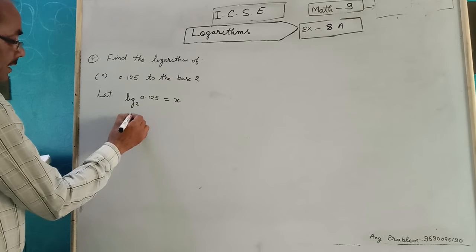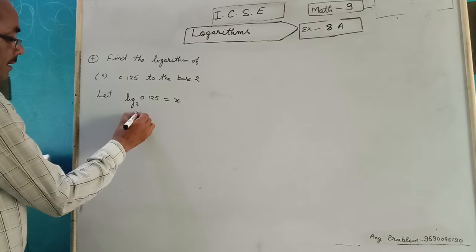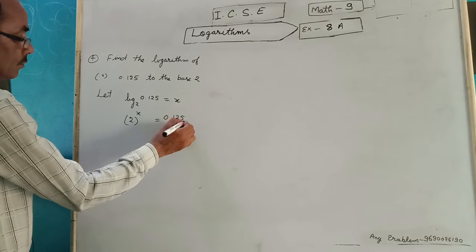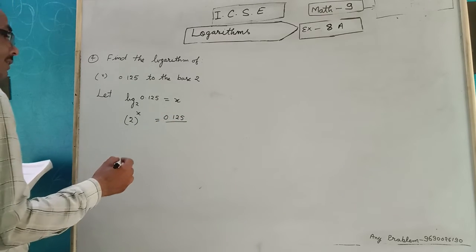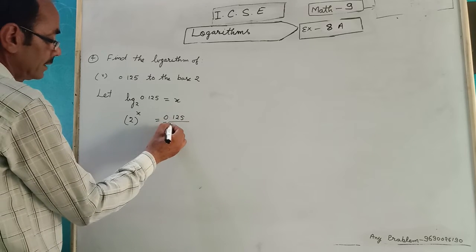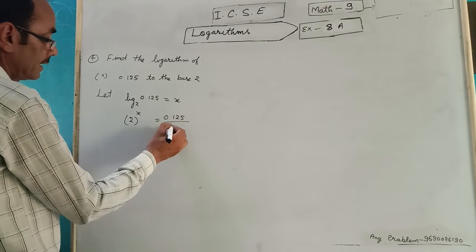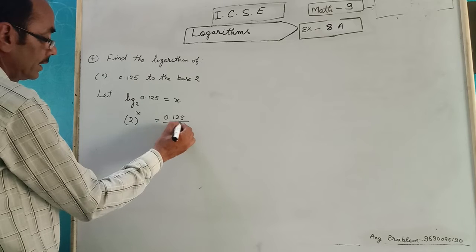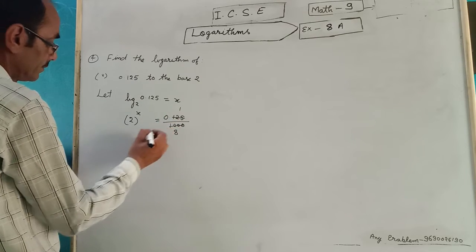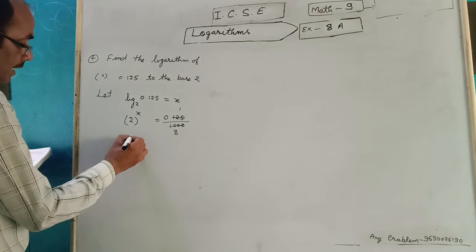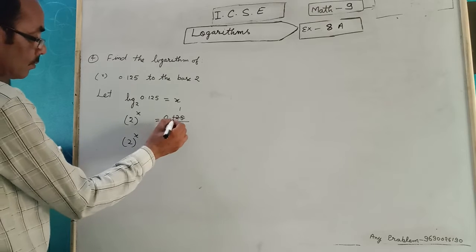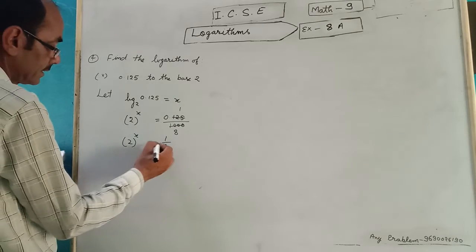In exponential form, 2 as power x is equal to 0.125. Remove the point, write 1 upon 8. 2 as power x is equal to 1 upon 8.